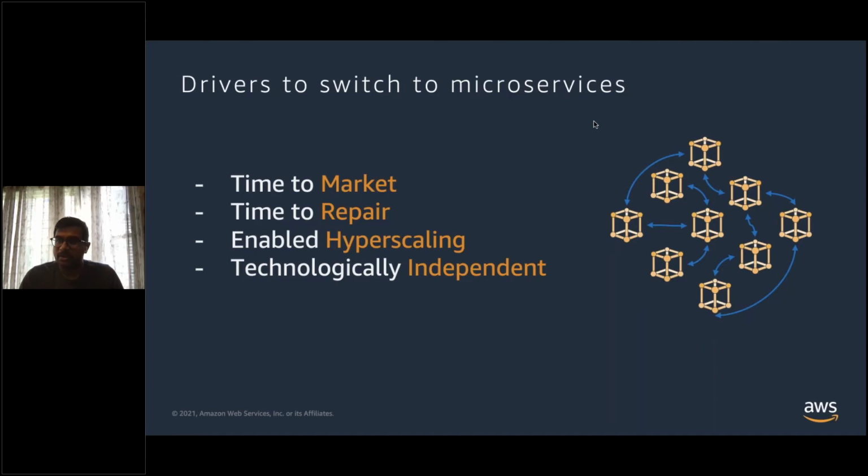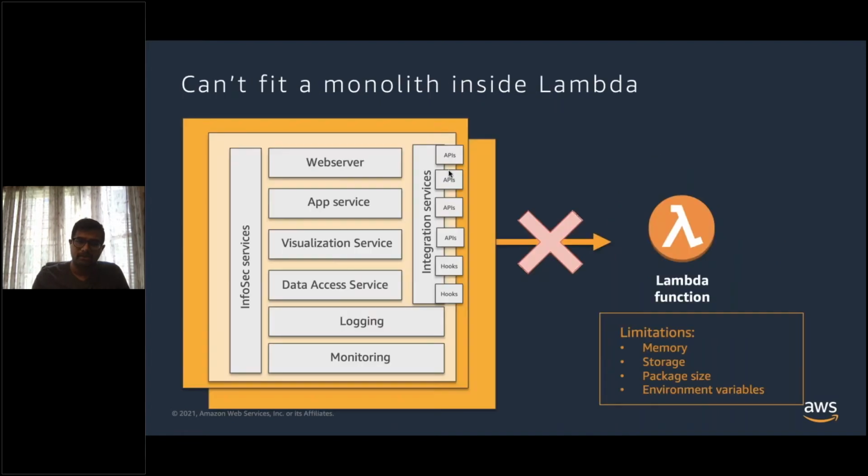For example, if you want to use Python or if you want to use RPA for a certain piece, and you think that is the right tool, that should be enabled, or you should select a vendor that supports that kind of right tooling for the right solution approach, and then have the capacity to tie everything together. And that is one of the reasons we are seeing a lot of movement into microservices architecture.